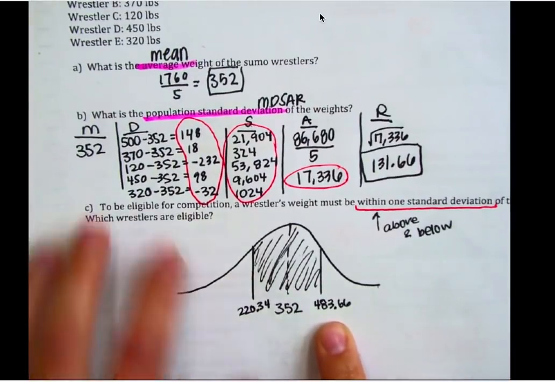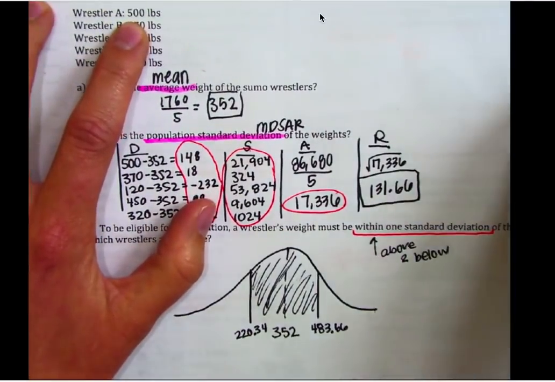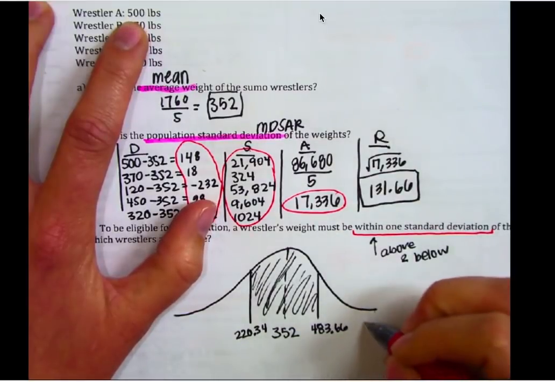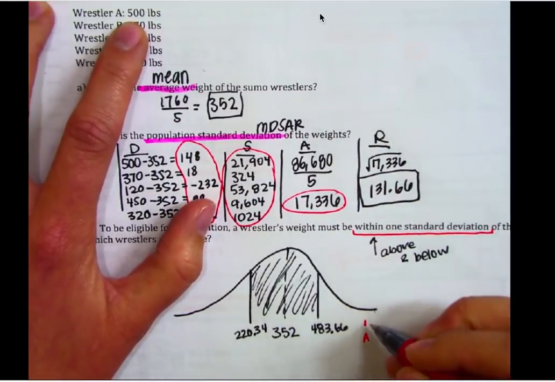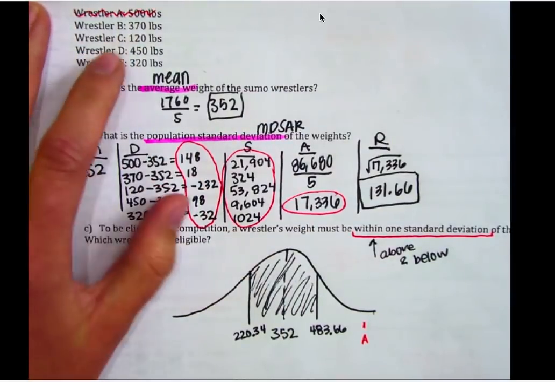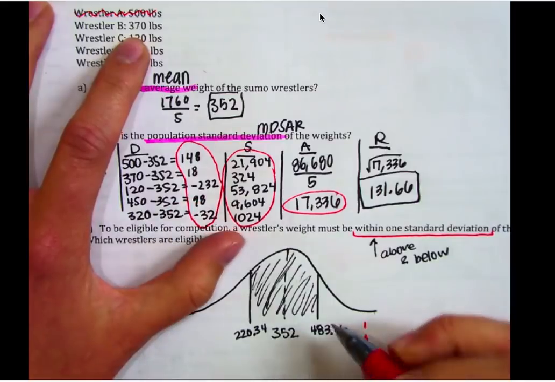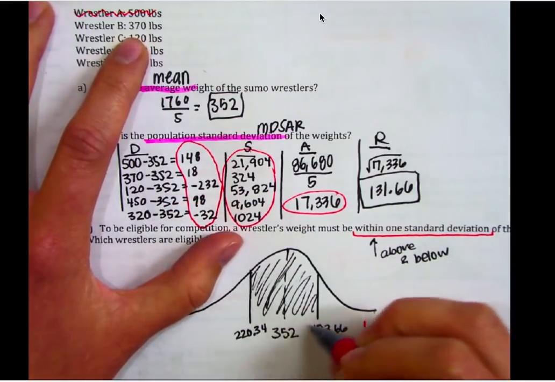So the wrestlers have to be within, which means they need to fall somewhere between 220.34 pounds and 483.66. So 500 pounds for wrestler A is like over here, right? So wrestler A does not get to be eligible. 370 pounds is going to be between these.